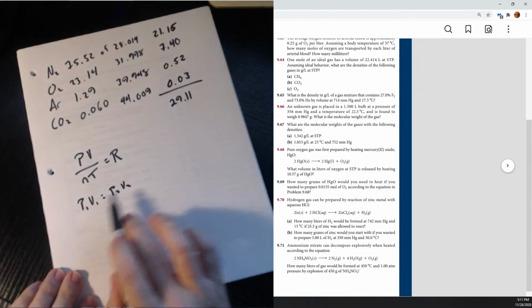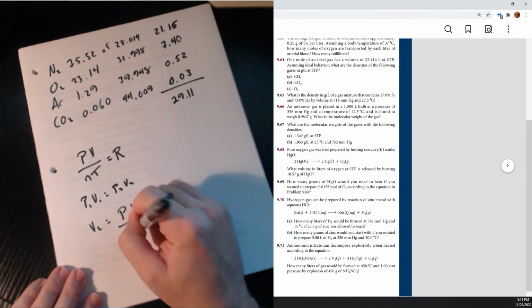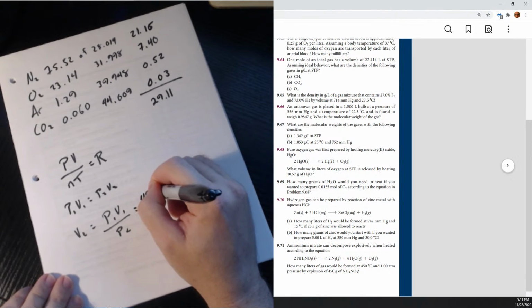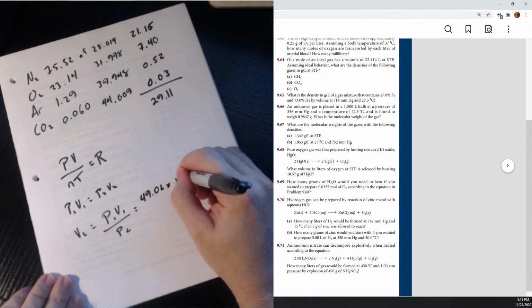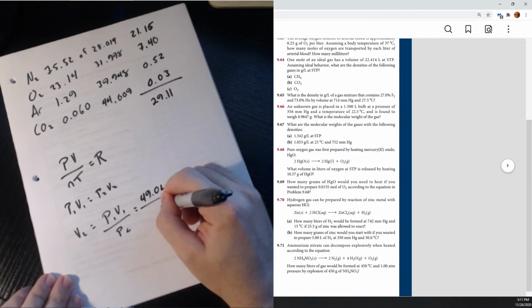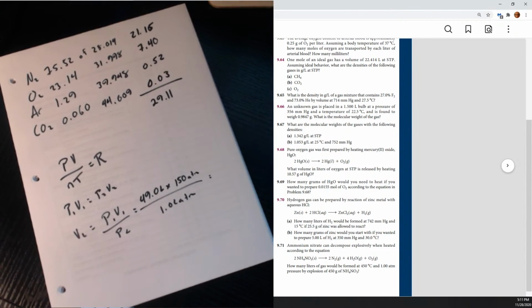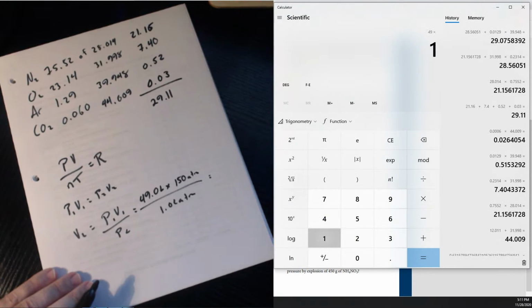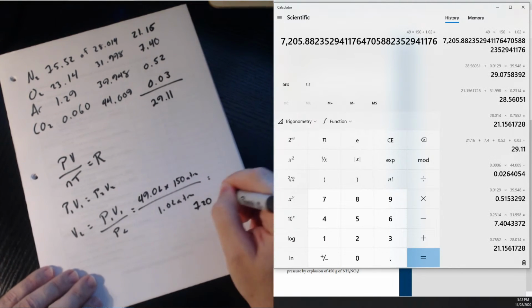So we know the initial. We're looking for V2, which is equal to P1V1 over P2. The initial volume is 49.0 liters times 150 atmospheres divided by 1.02 atmospheres. 49 times 150 divided by 1.02 is 7,206 liters.